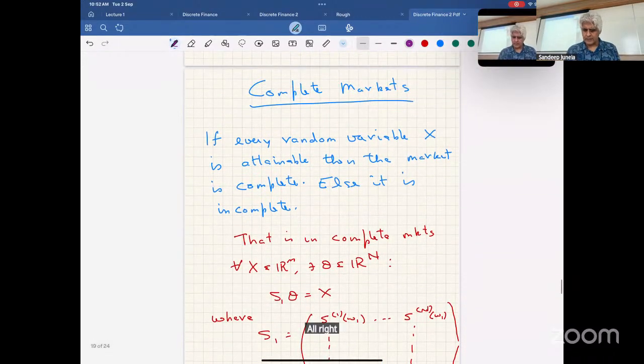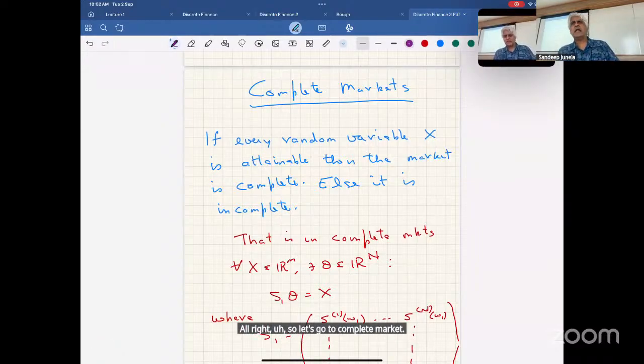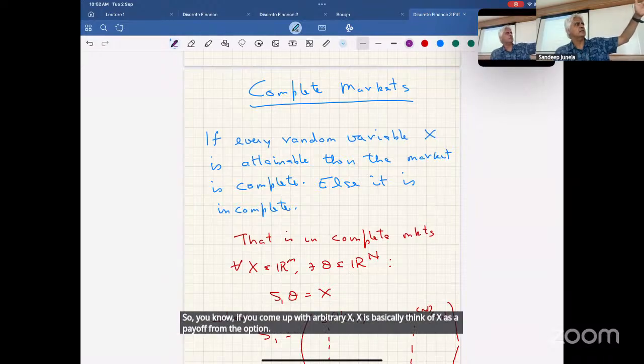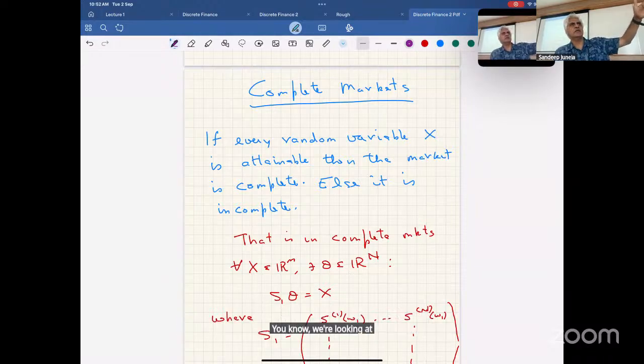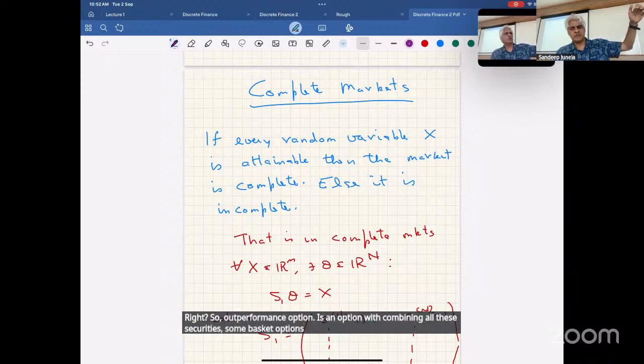All right. So let's go to complete markets. If every random variable X, so if you come up with arbitrary X, think of X as a payoff from an option. We're looking at M scenarios and you have different options. Now you allow these options to depend upon all the N securities, right? So outperformance option, Asian option, basket options, all of those.